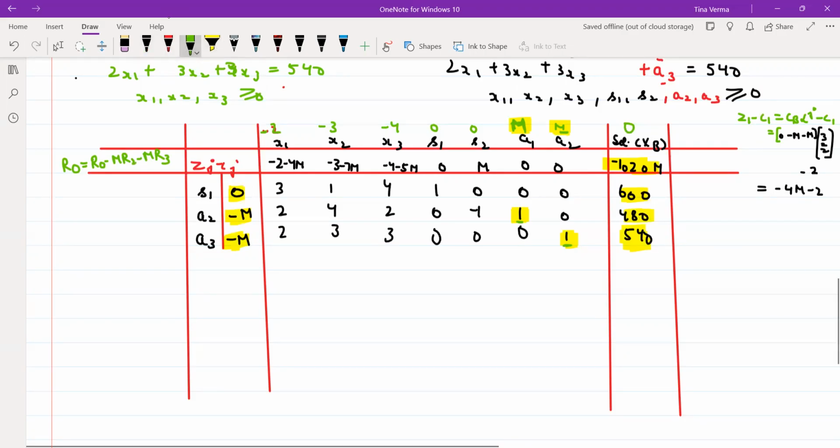X2. That means my X2 will enter, and who will leave the basis I have to decide with the minimum ratio. I will divide 600 by 1, 480 by 4, and 540 by 3. So this is coming out to be 180 and this is 120.